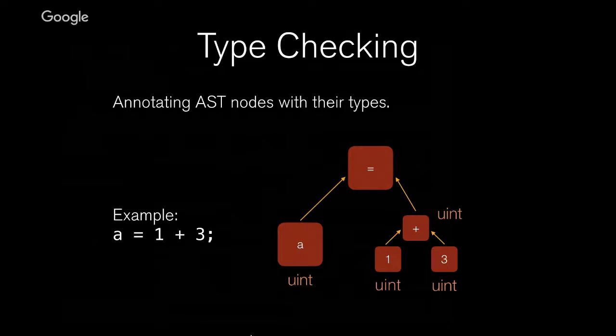So when you do var a equals something, then at that moment you assign a type to a, or if it's declared in the source code, if you do uint a, then a is declared as a uint. So type checking is visiting the whole tree and making sure that the types are right for every expression.